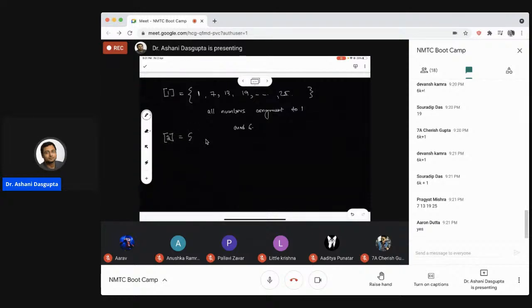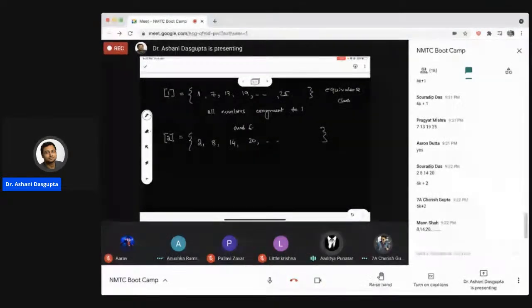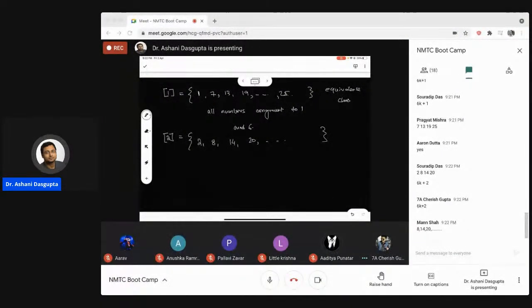Okay. So what is box of 2? Can anyone tell me? This is one equivalence class. 2, 8, 14, 20, 26. It should be 6k plus 2. Yeah, of course.